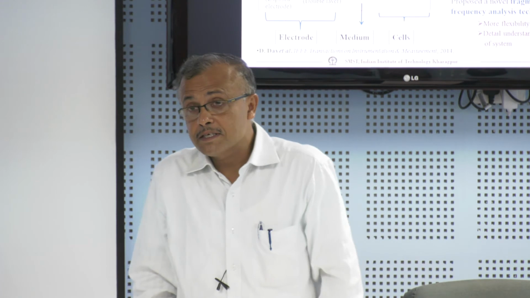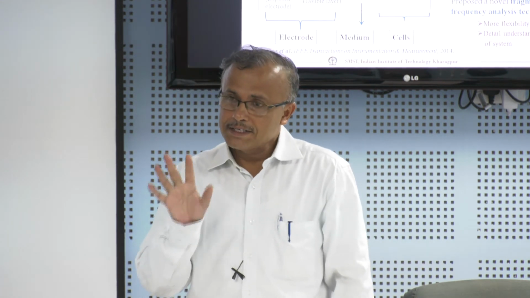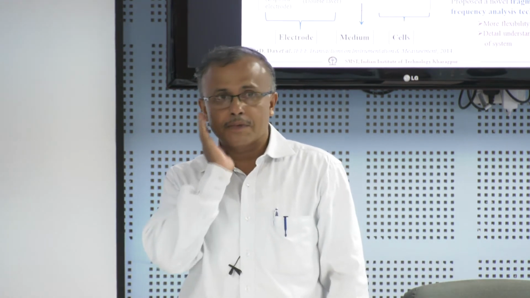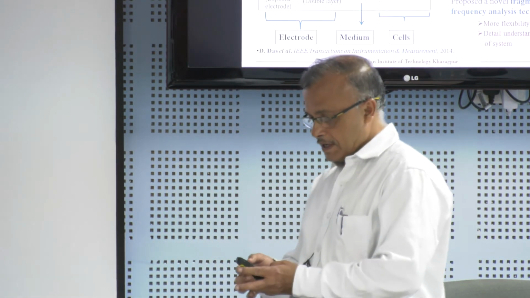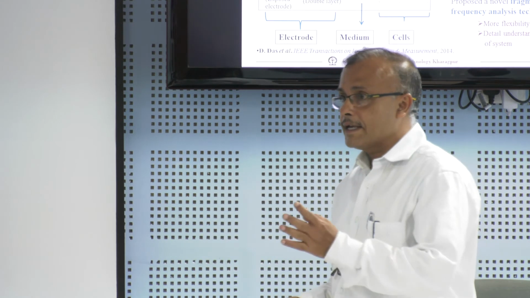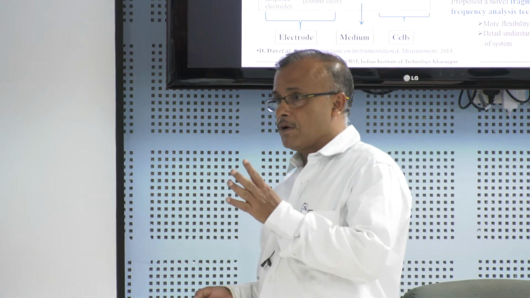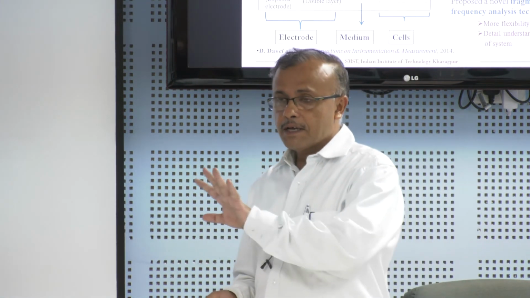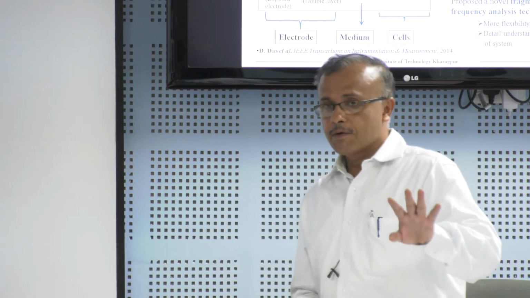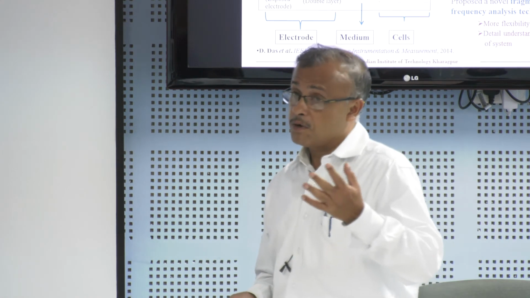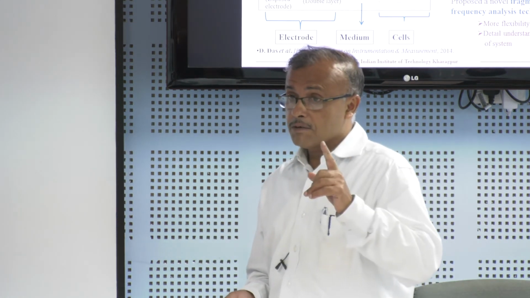And voltage is very important, and it is 10 to 50 millivolt, in the millivolt range. Up to 50 or up to 100 millivolt, the cell will not die, that is ensured. But if you go beyond that, from 200 millivolt onwards, electrophoresis will start.